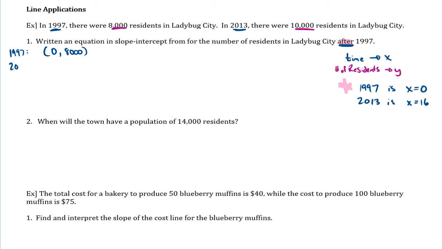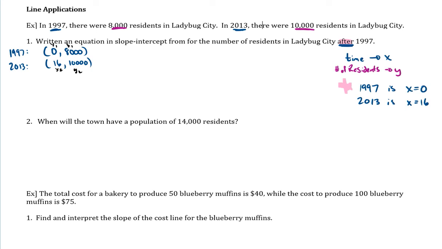And then for 2013, they're saying the x should be 16 and our y-coordinate is 10,000. So that's the number of people. So there we go, we have 2 points. I wrote it a little high, but this is our x1, y1, and this is our x2, y2. So we have our 2 points.